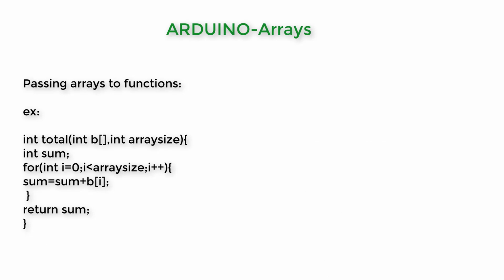Let's now look at how arrays are passed to functions as arguments. First, we specify the array name without the size in the brackets, then give the array size as another argument to the function.